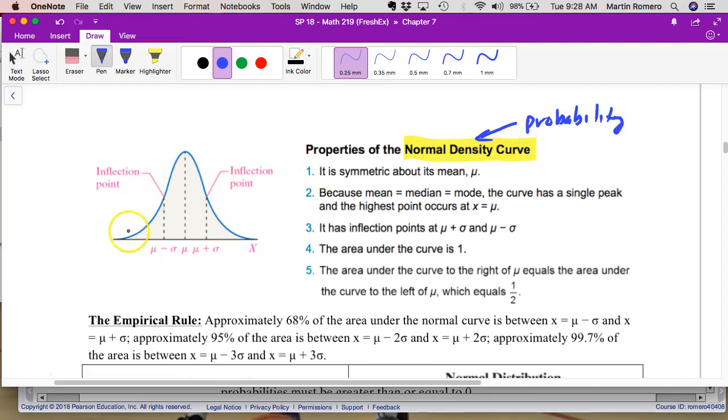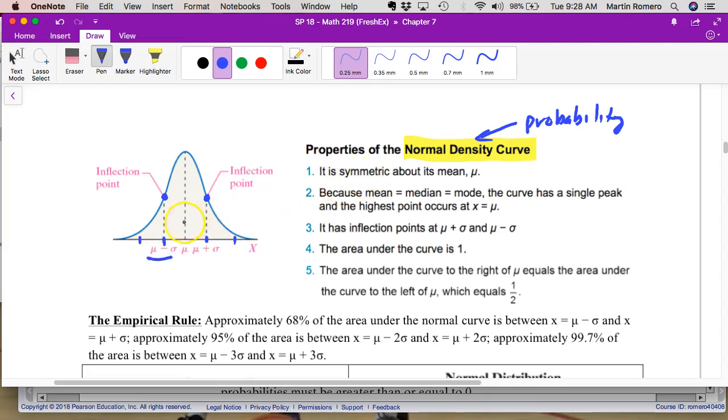And so important characteristics: bell-shaped, symmetric. There's a point here that if you've had calculus, you might have remembered. This is called an inflection point. It's where the curve kind of changes its direction. And so at that point is where we would mark off the first standard deviation, and then we have our second standard deviations, and that's what that's labeling here.